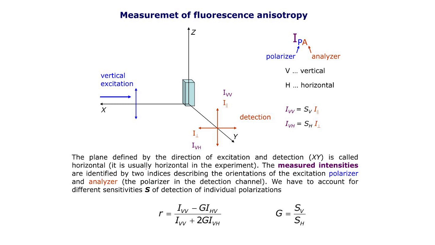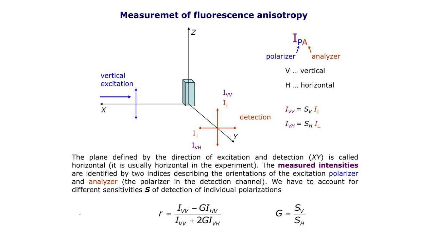The plane defined by the direction of excitation and detection, X and Y, is considered horizontal in the experiment. The measured intensities are identified by two indices which describe the orientation of the excitation polarizer and the analyzer.